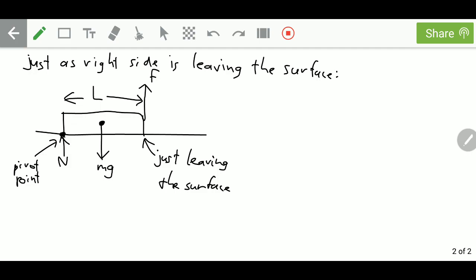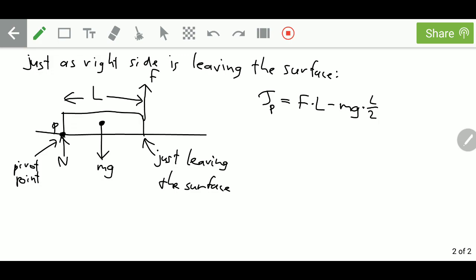So we can look at the total torque first. Let's say our pivot point is P. The torque around point P is equal to the force F times L, minus mg times L over 2, and the normal force does not contribute any torque because it's acting at the pivot point.